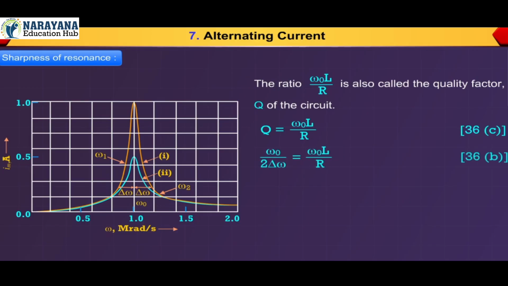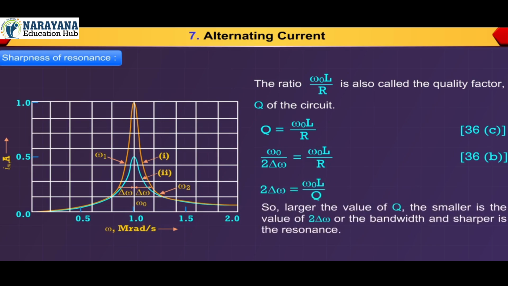From equations 36b and 36c, we see that 2 delta omega is equal to omega 0 upon Q. So the larger the value of Q, the smaller is the value of 2 delta omega or the bandwidth, and sharper is the resonance. Using equation 36c, Q can be equivalently expressed as Q is equal to 1 upon omega 0 CR.